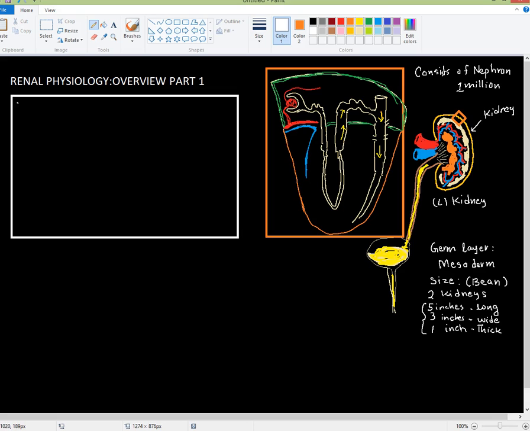It's a microscopic structure. So I have enlarged a nephron. From here you see this square, and here I'm going to talk about it. But just let's see what all are here. This is also a nephron, the enlarged view.